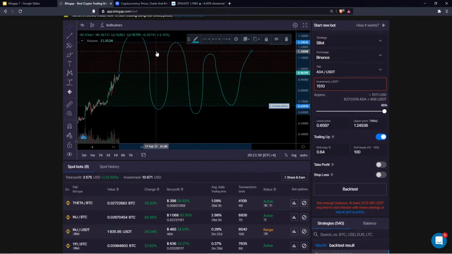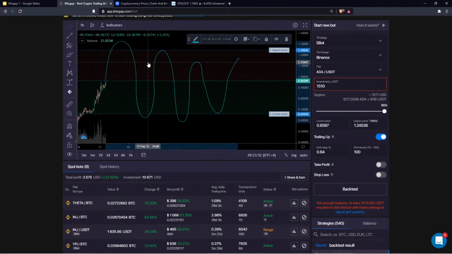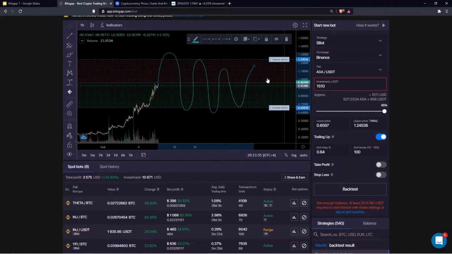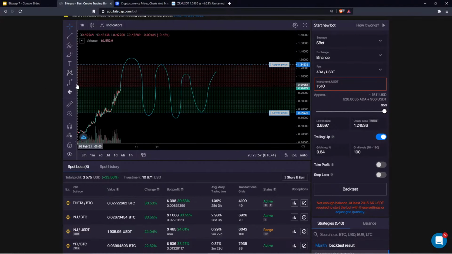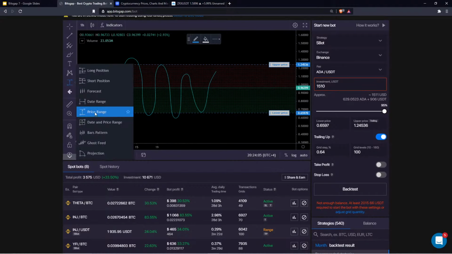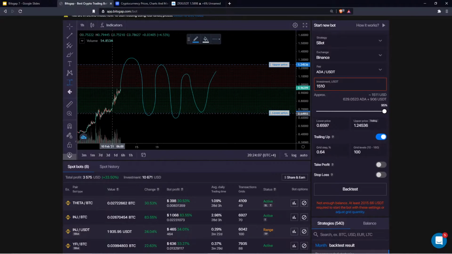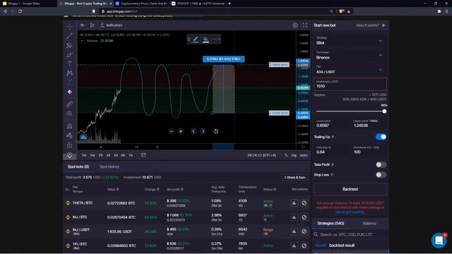So the simplest way for you to define the amount of grid levels to use, not the best one, but one of the most optimal ones, is you can use this tool, which is the price range, and you just move it from the lower price up to the upper price.